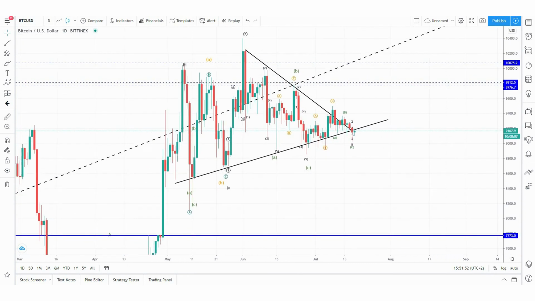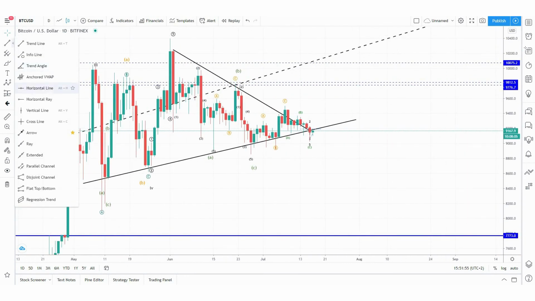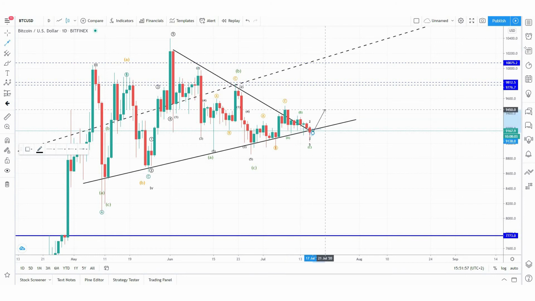And what I think is most likely going to happen next is that the price is actually going to continue moving up a bit, but in a corrective way.